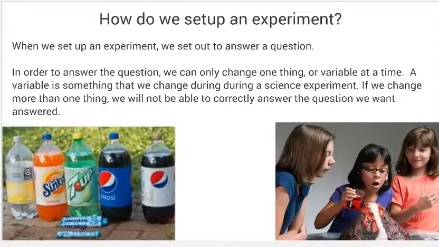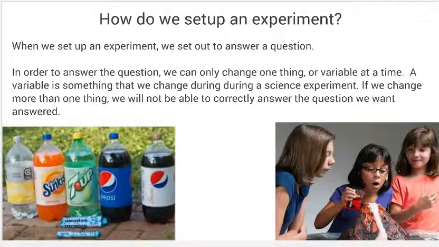Well, the first thing we have to do is to ask a question. Every time we set up an experiment, the point is for us to answer a question. So in order to answer that question, we first have to figure out a variable. And a variable is something that we change during a science experiment.